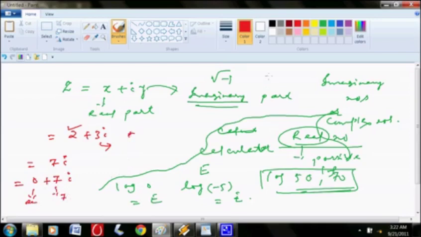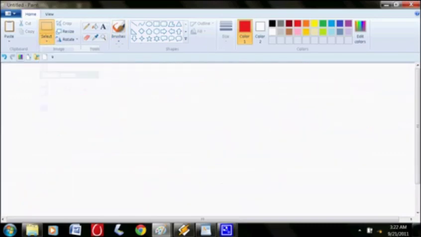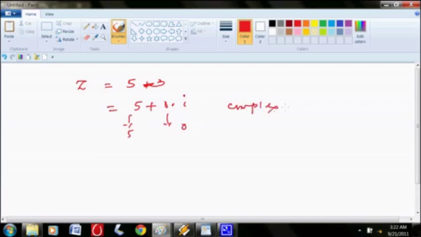If I write that a complex number is 5, and it's saying find the real and imaginary parts, you can very much write 5 is equal to 5 plus 0 into i. So real part is 5 and imaginary part is 0, or complex part is 0.